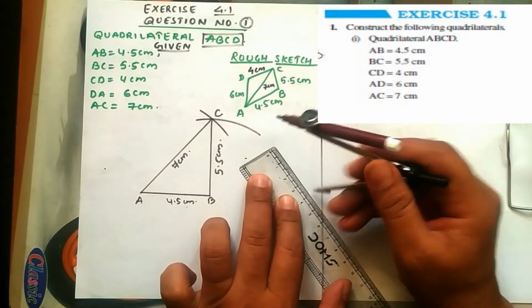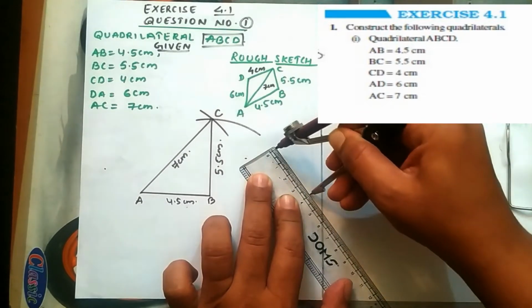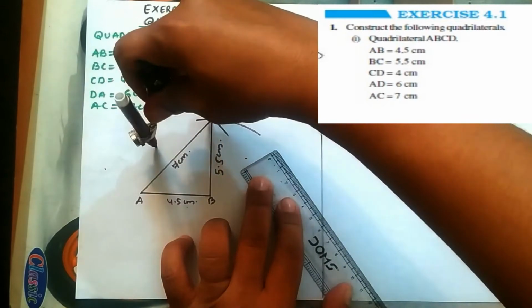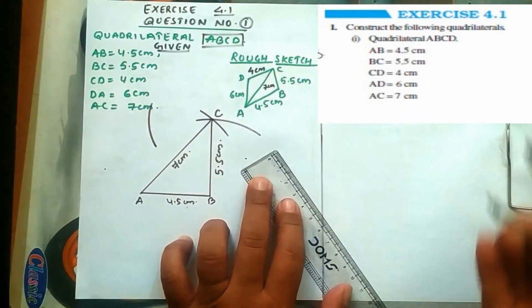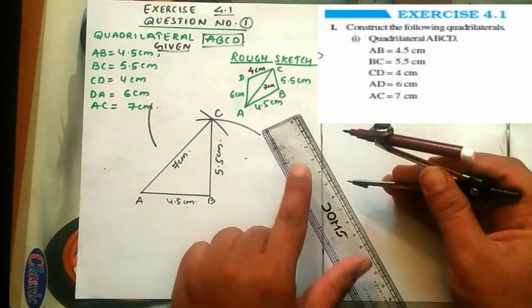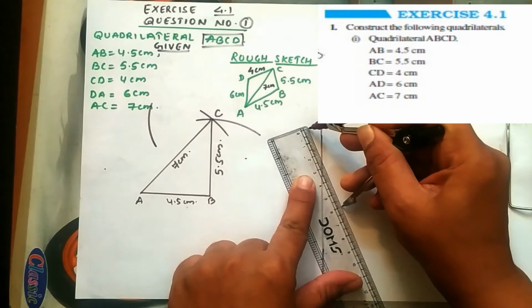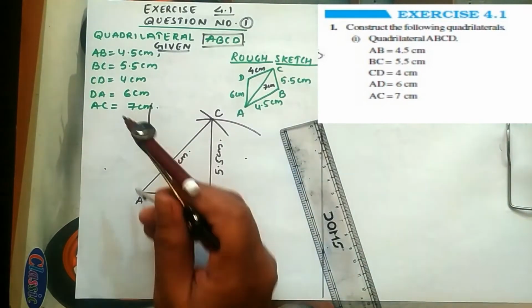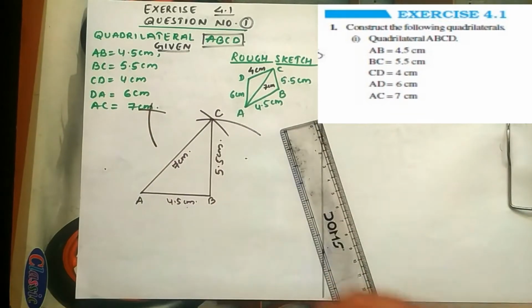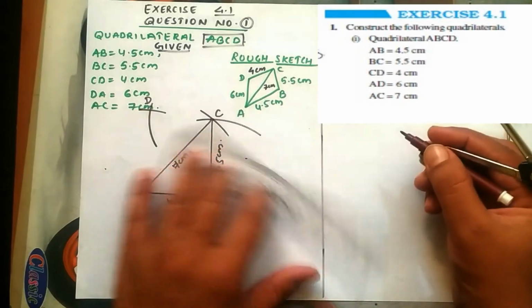Then I will take the next measurement of DC, that is equal to 4 centimeter, with the help of ruler and compass, and draw an arc in the air. Now the next and last measurement will be AD, which is equal to 6 centimeter. With the help of ruler and compass, again I have taken the measurement of 6 centimeter and intersected this arc in the air, and in this way I have got point D here.